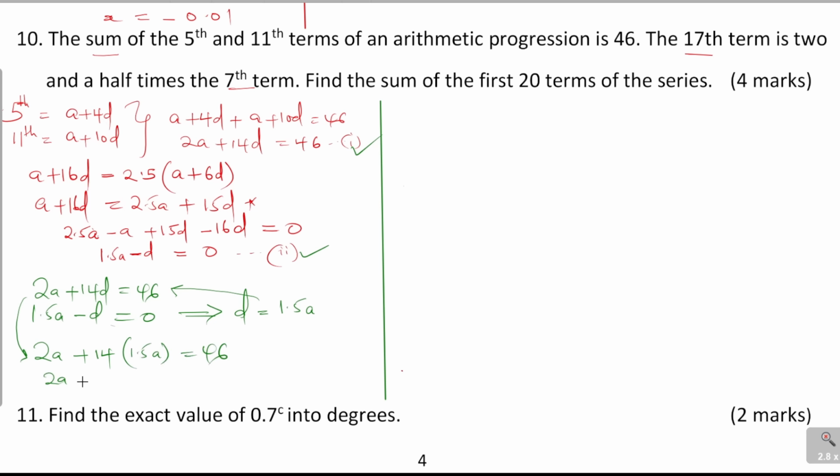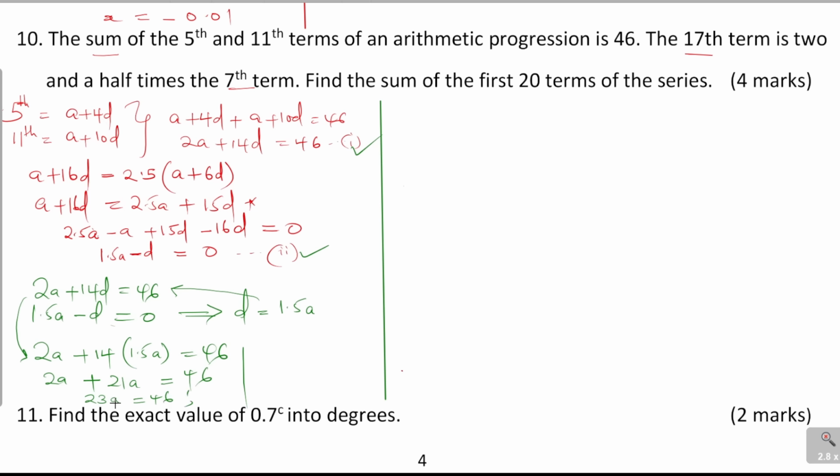So this gives 2a, then plus 14 times 1.5, multiply that. That gives 21, so 21a is equal to 46. So from here you have 2a plus 21a, you get 23a is equal to 46.